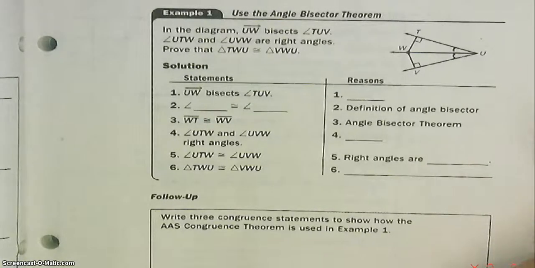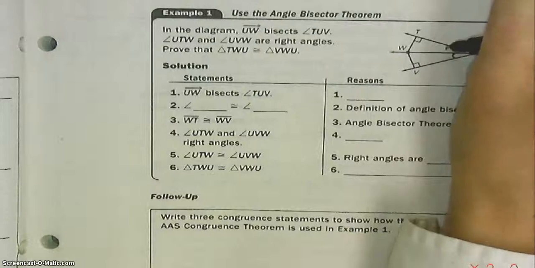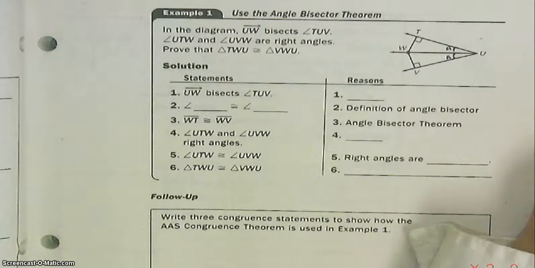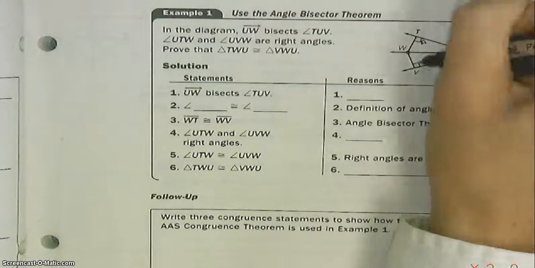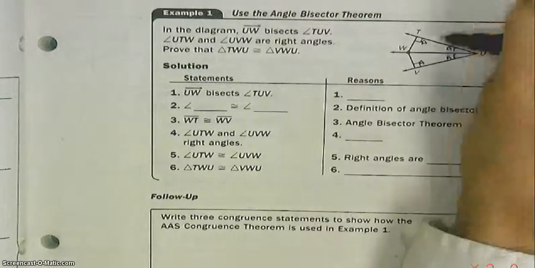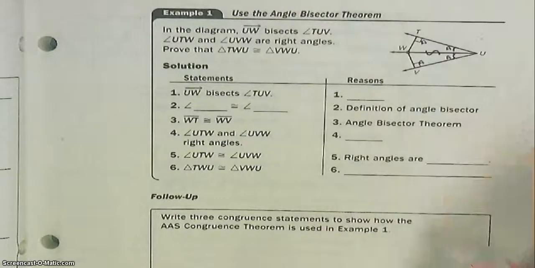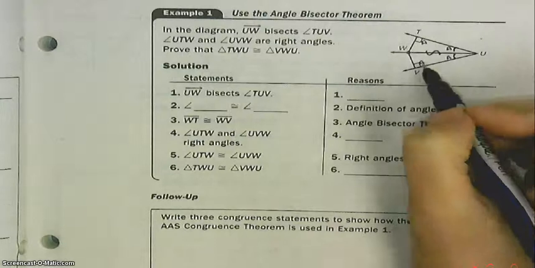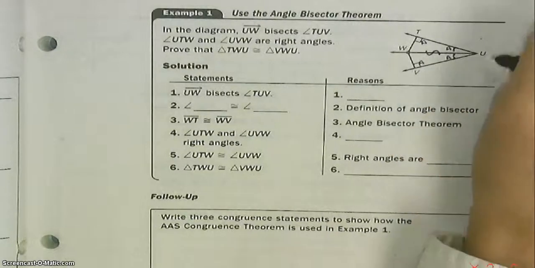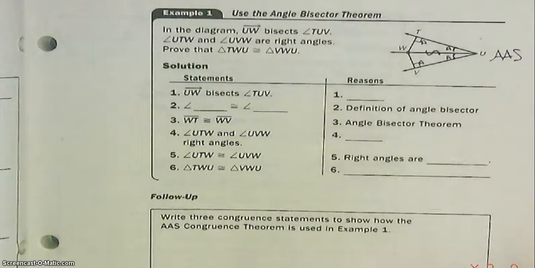Well, we've done a lot of this. Let's see what I've got so far. We have an angle that's equal. Oh, and then we have right angles here. And then hopefully you see that they're sharing a side. There's the side that they're sharing. So this looks like angle, angle, side to me. So that's what we're going to use.